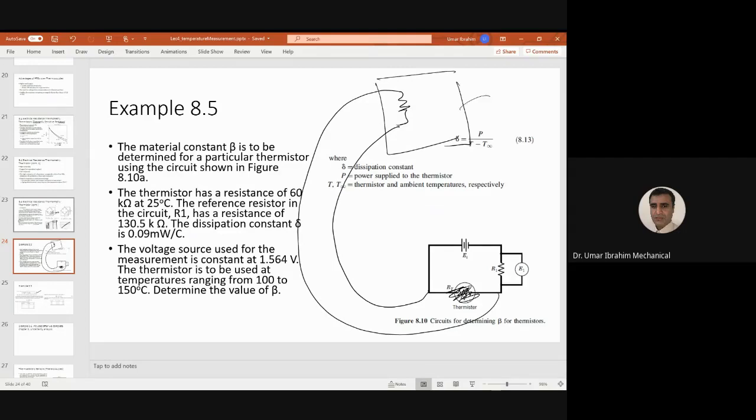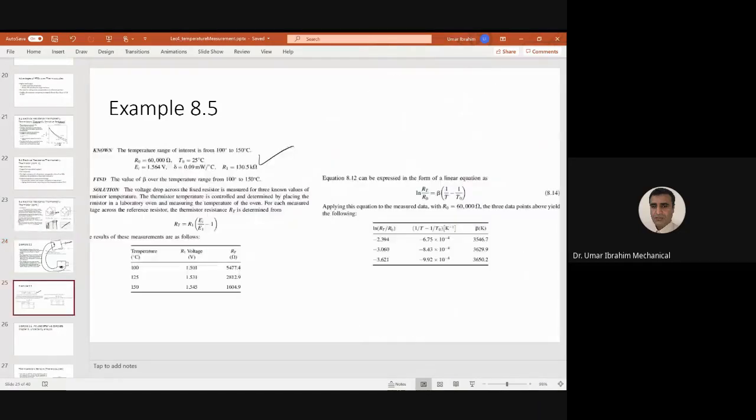Okay, so this is my furnace. From the furnace, I'll provide different temperatures. In this particular example, we are providing 3 different temperatures to the furnace.